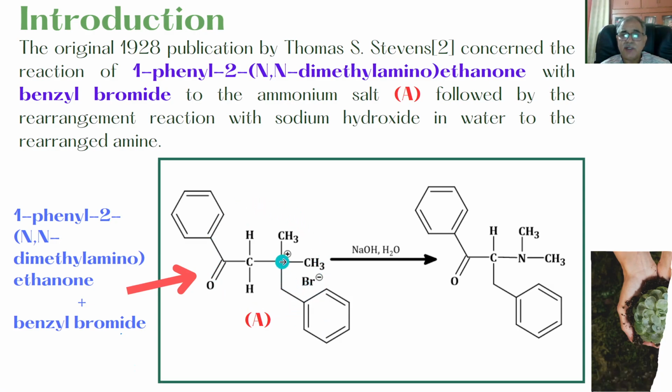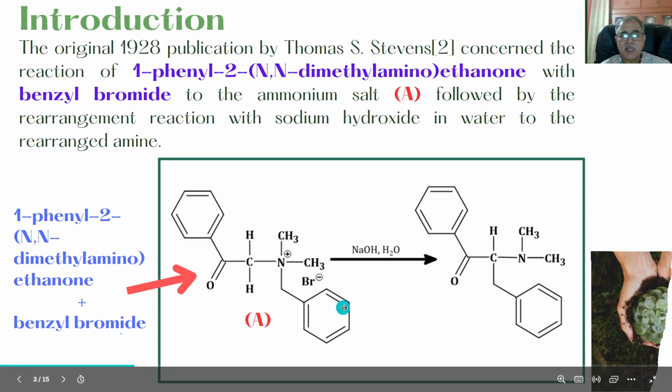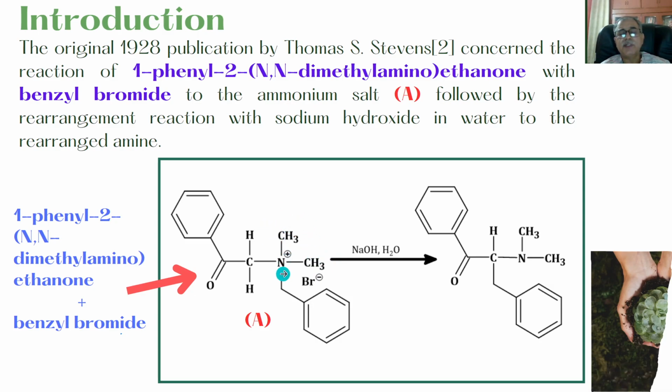In this quaternary ammonium salt, you can see that one of the groups is a benzyl group, and the other two groups are methyl groups, which are present on the quaternary nitrogen.